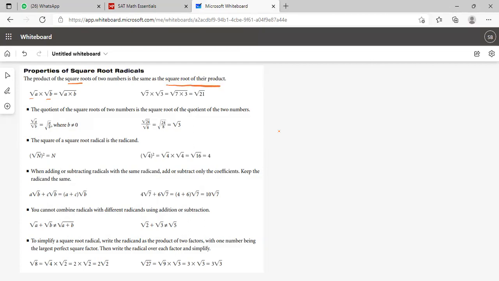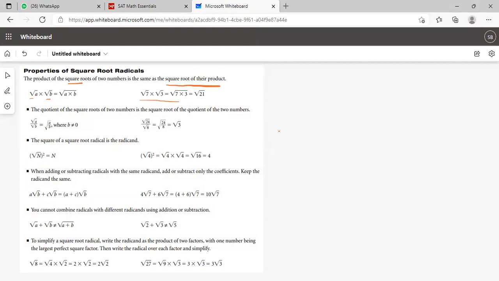Okay, what they are trying to say is if we have two square roots of two numbers, this is the same as if we multiply these two numbers and then find out their square root. Okay, that is under root 7 into under root 3. The answer would be the same as under root 7 into 3. Okay, so this is the first property, right?